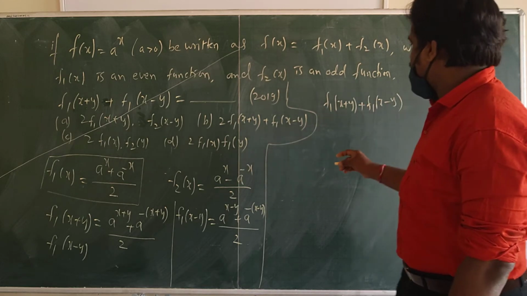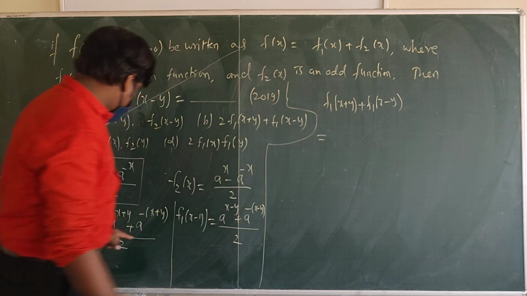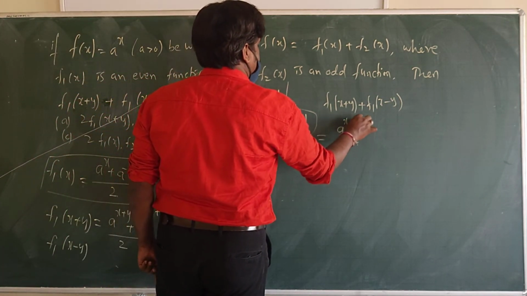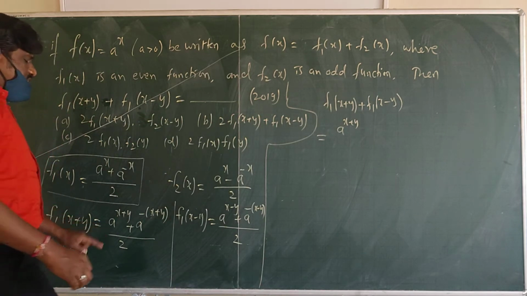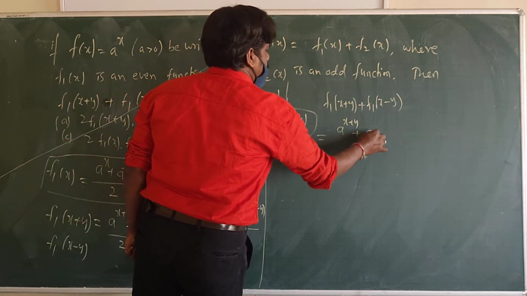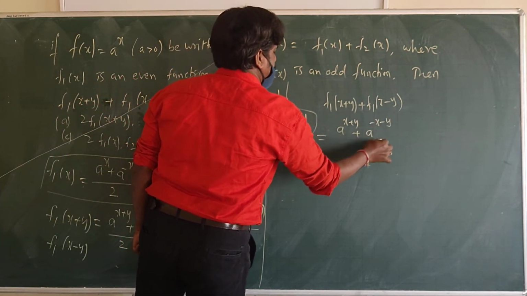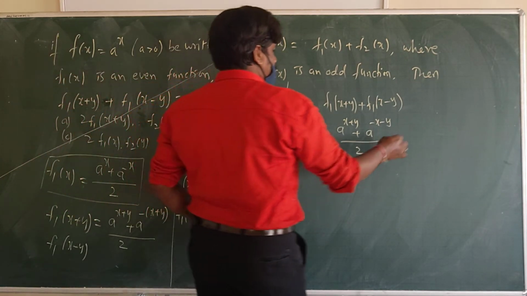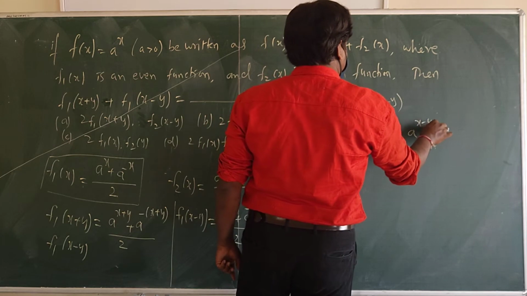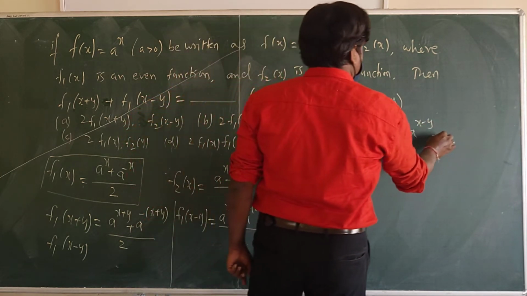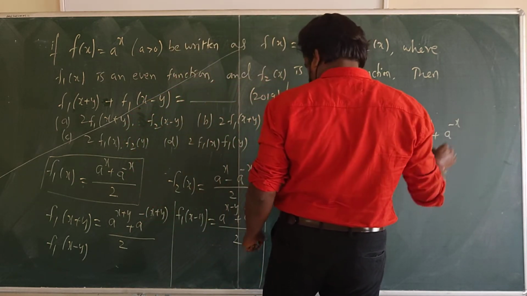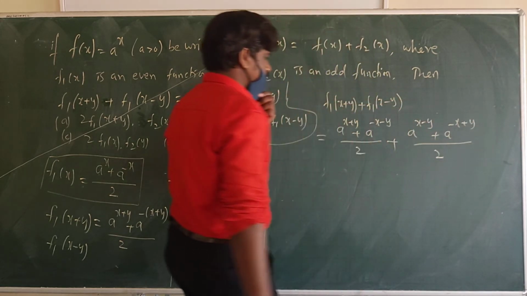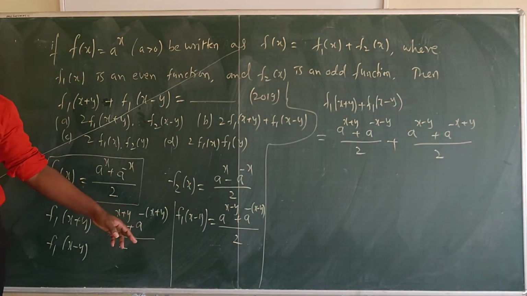This value you get as (a^(x+y) + a^-(x+y))/2 + (a^(x-y) + a^-(x-y))/2.